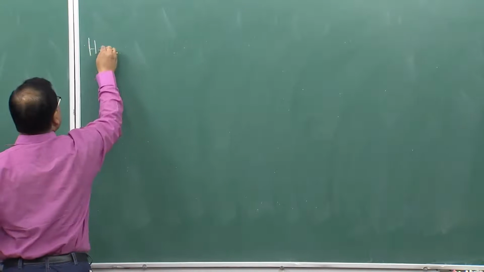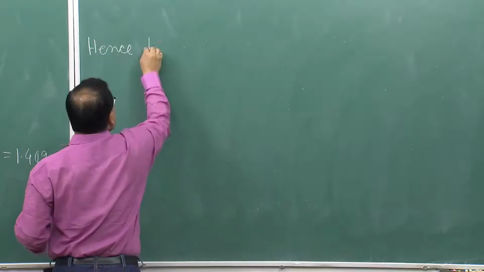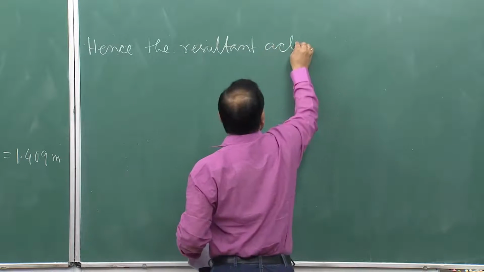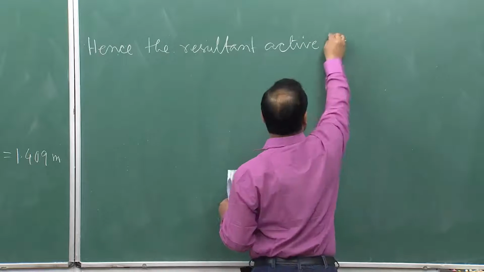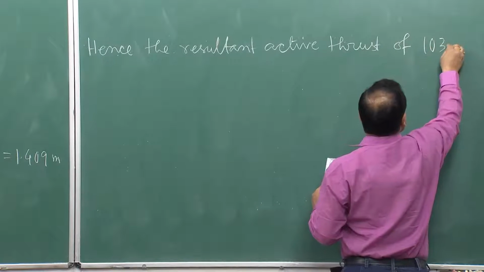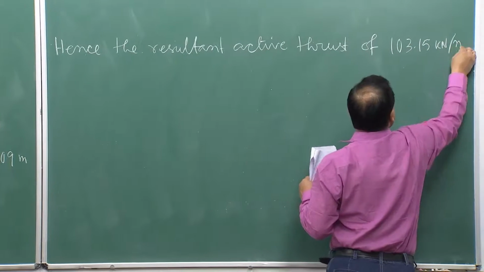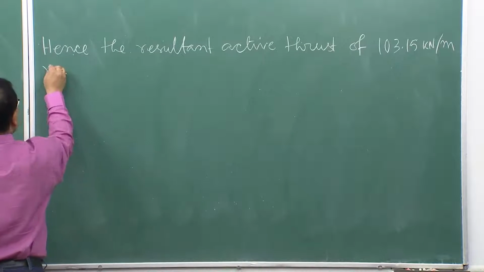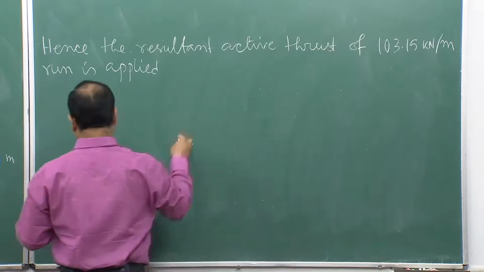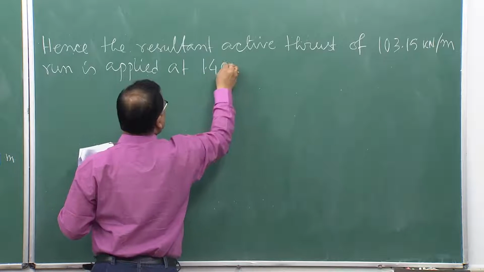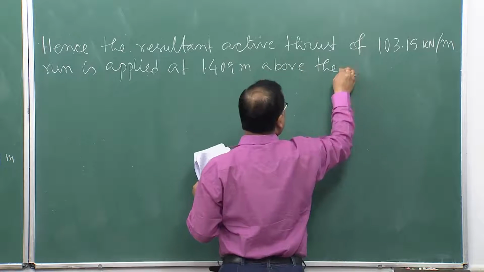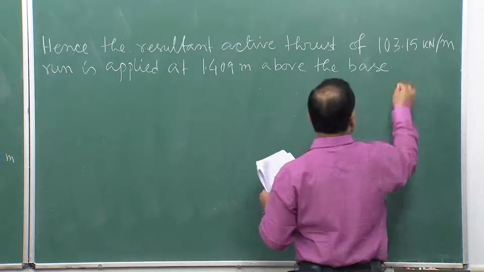Hence, the resultant active thrust of 103.15 kilonewton per meter run is applied at 1.409 meter above the base of the wall.